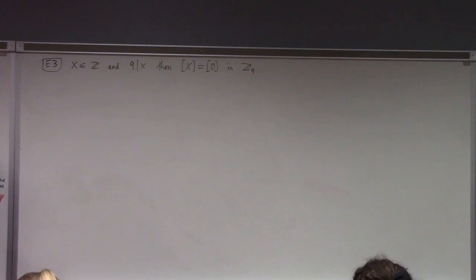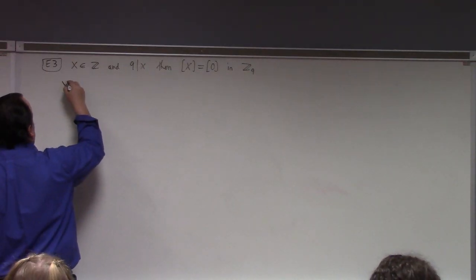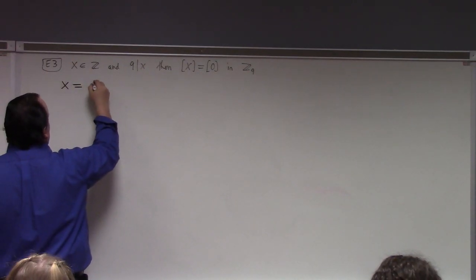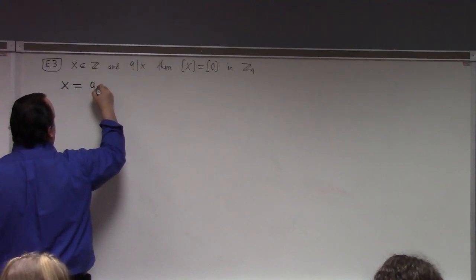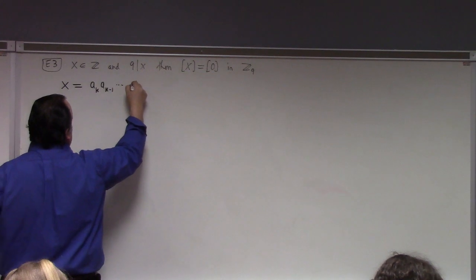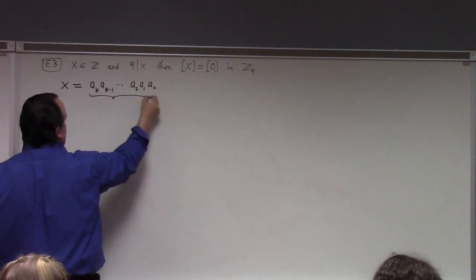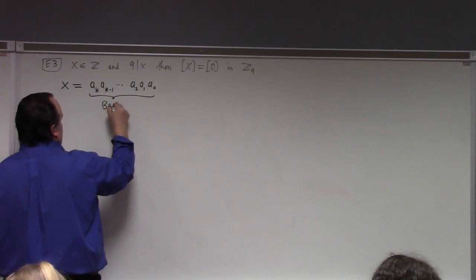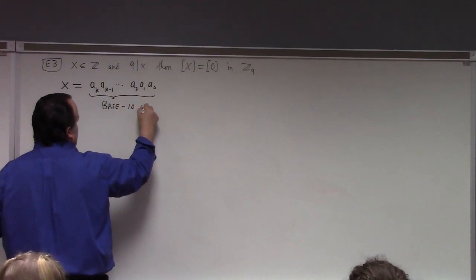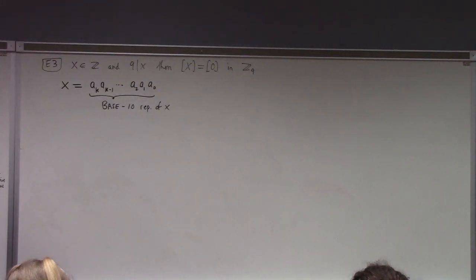Now, we're talking about a rule of arithmetic, right? So we need to take a second and talk about the digits. What does it mean, digit? We have x equal to a sub k minus 1, dot dot dot, a sub 2, a sub 1, a sub 0. I'm saying that this is specifically the base 10 representation of x. What does that mean?